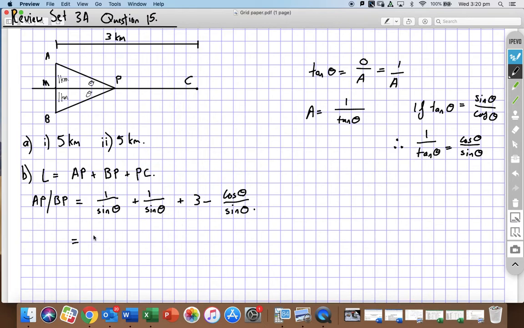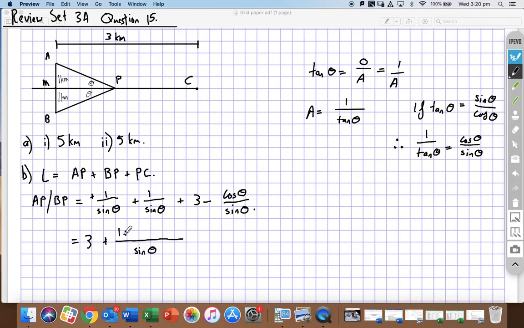Okay, so if we reorder this, 3, and then we've got plus, sine theta.